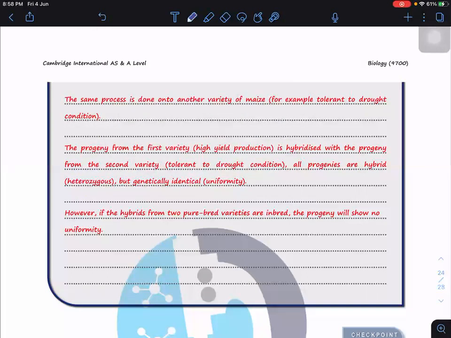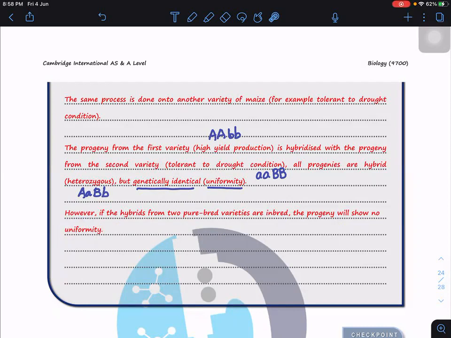This one is big A, high yield, but not disease tolerant. This one is not so high yield, but disease tolerant. So the offspring will be heterozygous, big A small a, big B small b, and all of them are genetically identical, so we achieve uniformity.